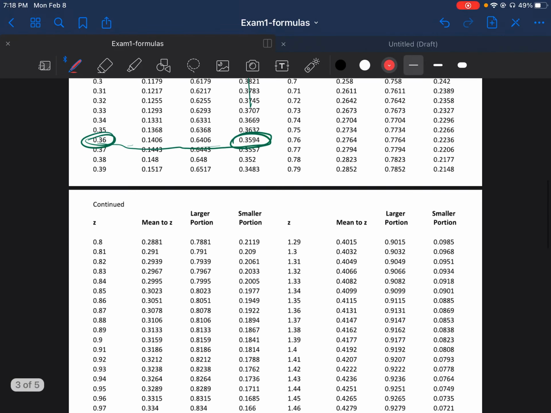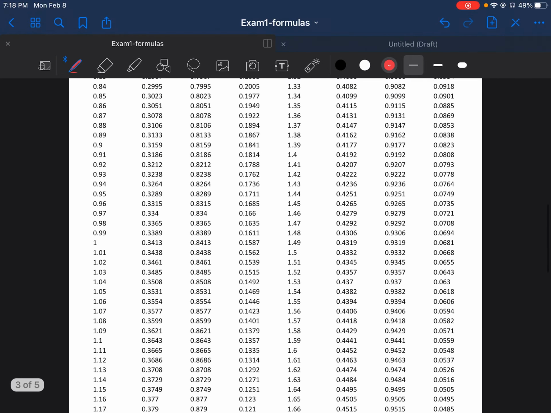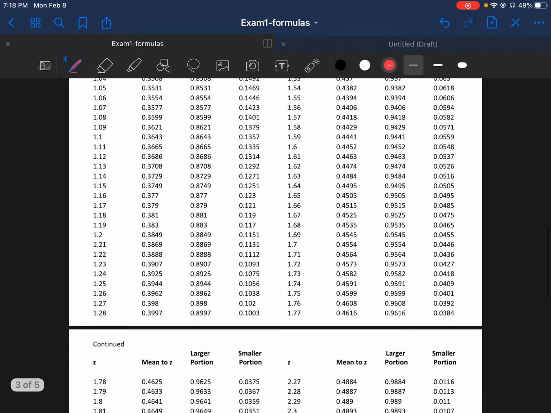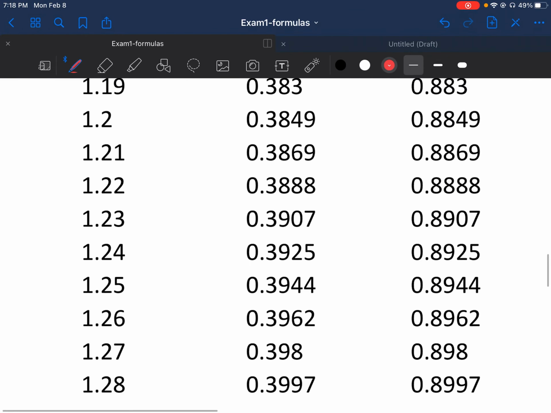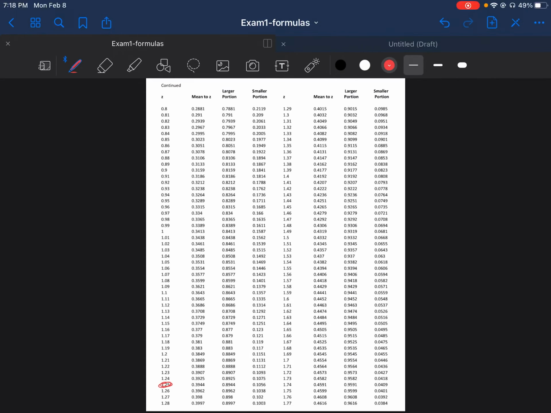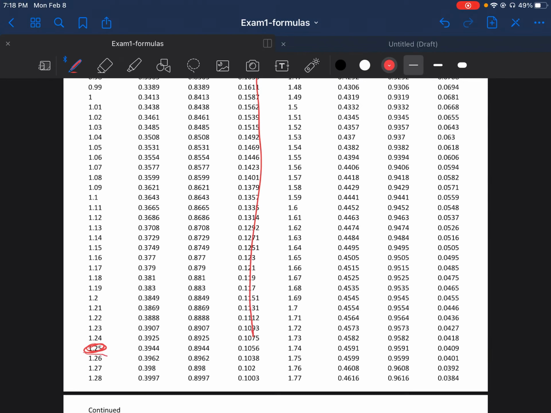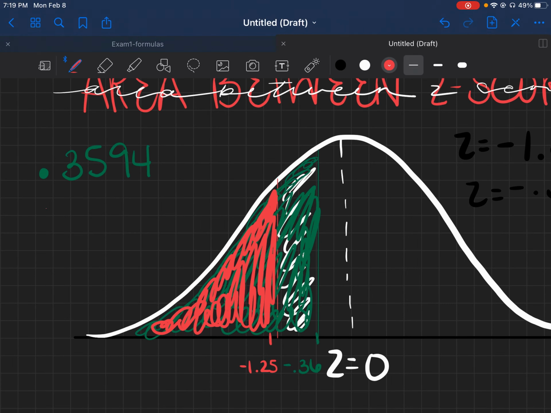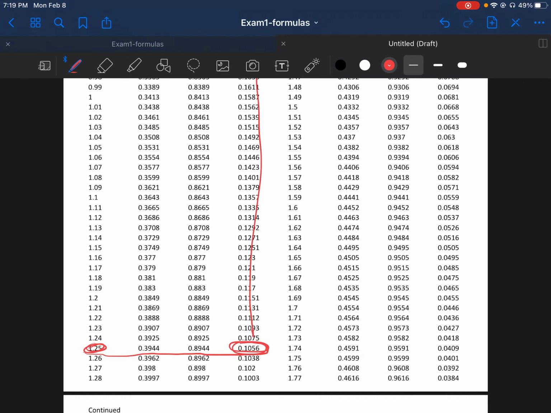It doesn't have to actually be negative because it is symmetrical, so it's going to be the same on either side. Here we've got 1.25. We're looking in the smaller portion, the tail. So 0.1056. Double check that real quick. 0.1056. Okay.